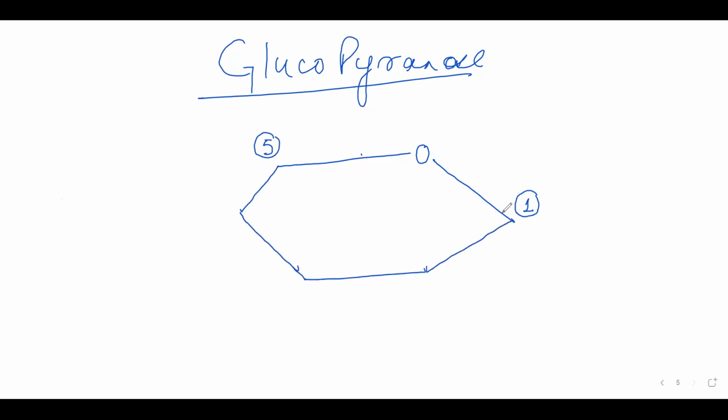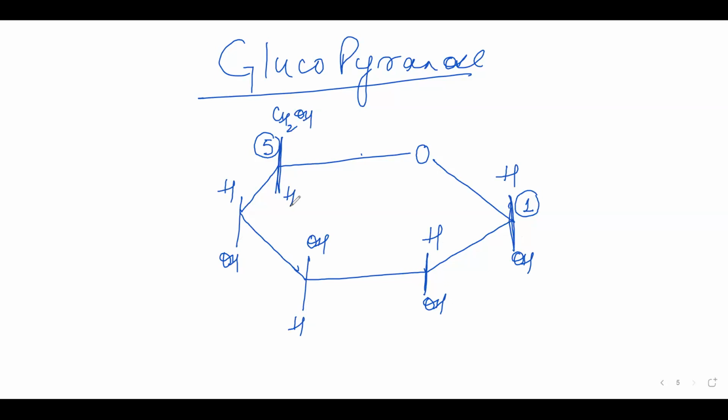ये अब ये आ गया कार्बन नंबर 1 पे H, ये आ गया OH, ये आ गया कार्बन नंबर 2 पे H OH, ये कार्बन नंबर 3 पे ऑपोजिट है OH H, ये कार्बन नंबर 5 पे H OH और ये कार्बन नंबर 6 पे CH2OH और ये H। तो आपका सेम साइक्लिक स्ट्रक्चर जब हमने यूज करना है तो हमने ऐसे रिप्रेजेंट करना है, इसको बोलते हैं ग्लूकोपाइरेनो स्ट्रक्चर। And this is which form of the glucose?